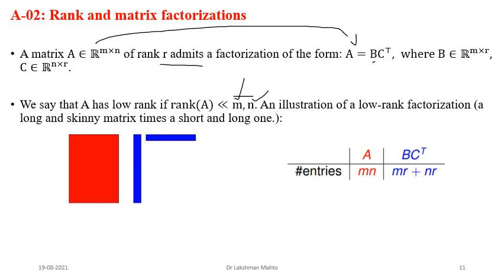That means this is the given matrix, and we are decomposing it in this form. This representation is what we talk about in the case of a low rank matrix.